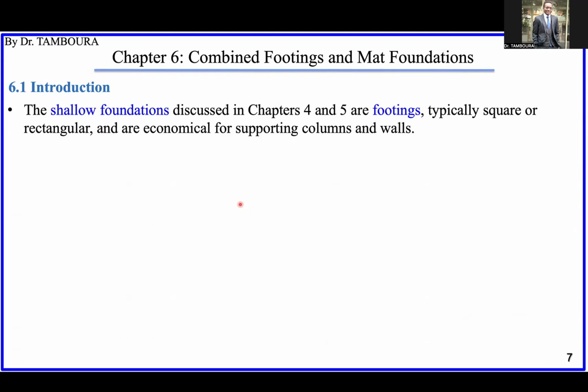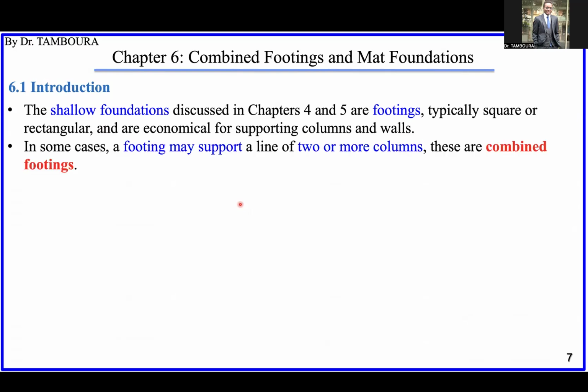This kind of footing, we have a square or rectangular footing, and they are very economical for supporting columns and walls, like retaining walls. In some cases, we have no choice but coming up with another type of footing. Okay, and the footing may support, in that case, a line of two columns or more.